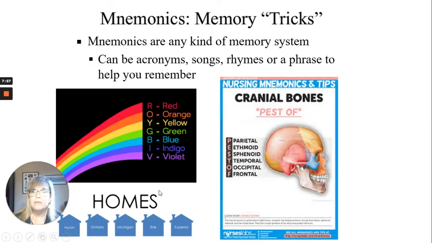So here are some other memory tricks that you can use. Using an acronym, like a word to represent each item that you're trying to remember. Sometimes when you're trying to remember a list of items or a group of items, it's really helpful to have a word that you can use a letter from each word. So HOMES represents each of the Great Lakes.